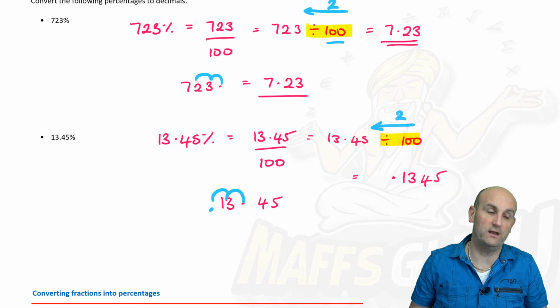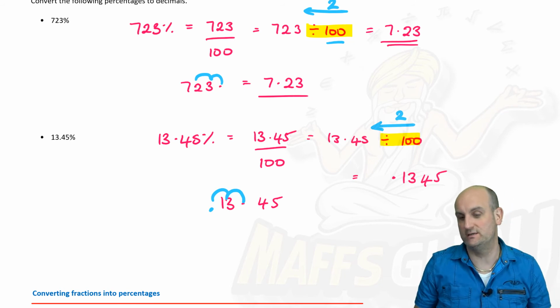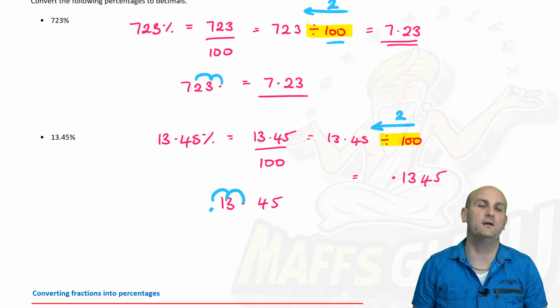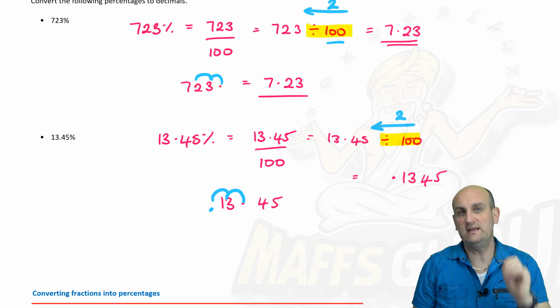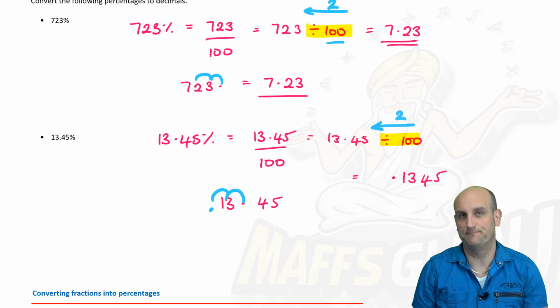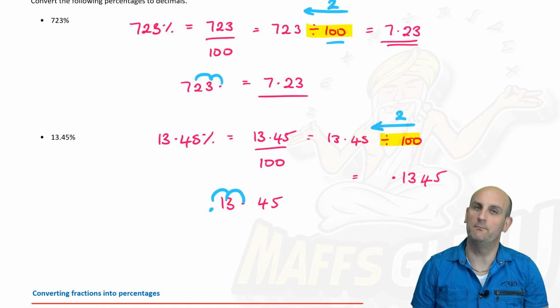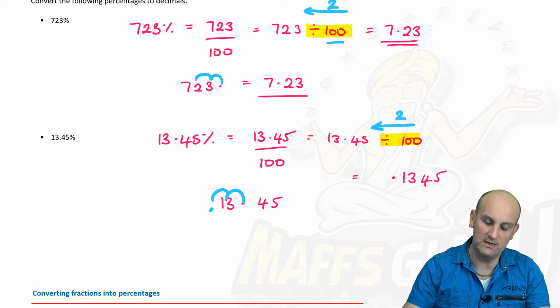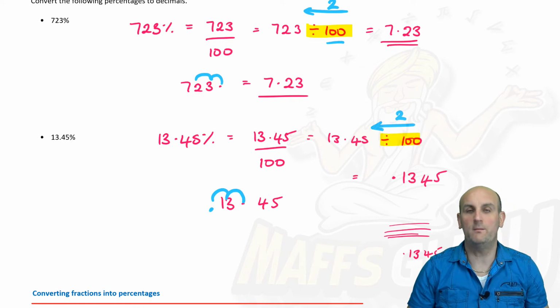Now, someone yesterday left a comment on one of my videos saying, look, my teacher doesn't care if I don't put the 0 in front, and actually that's down to individual teachers. But what I tried to explain in my comment back was, to be honest with you, the brain is pre-programmed to miss horizontal signs, minuses, and points. And the smaller those points are, the more likely we are to actually ignore them as a teacher. So for example, in this situation, imagine I had some working out and you just did .1345. That's not what my brain is looking for.